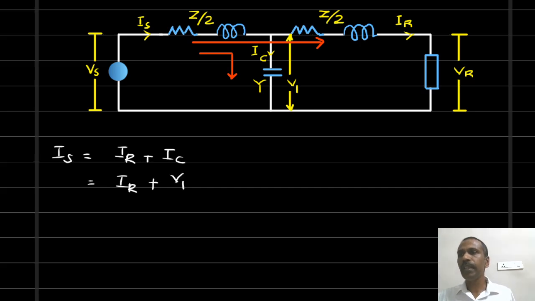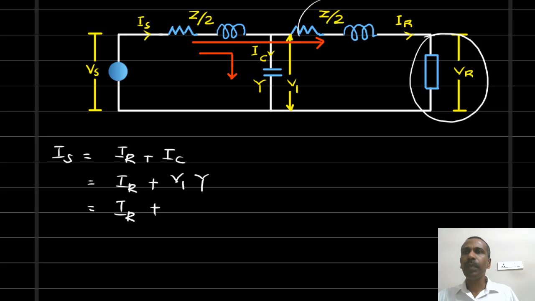IC is the current flowing through this capacitor. It is voltage into admittance. Admittance is 1 by reactance. This is equal to IR plus, as you know, V1 equals the receiving end voltage plus the drop across this part of the line.